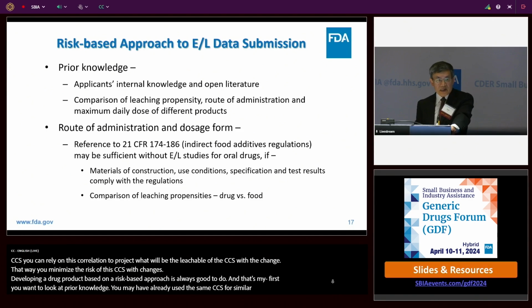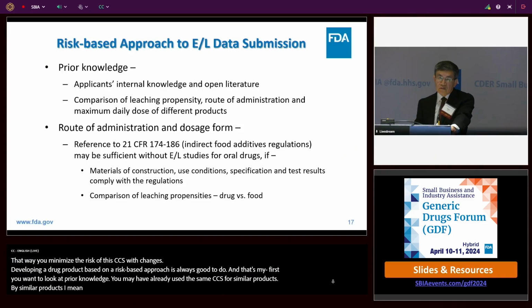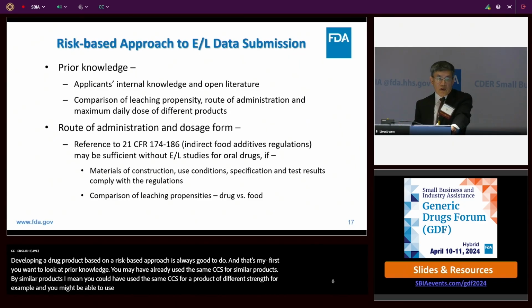By similar product, I mean that you could have used the same CCS for the product of a different strength, for example, and you might be able to use the data from that product to support the new product that you're developing with a different strength, provided that the vehicle is the same.